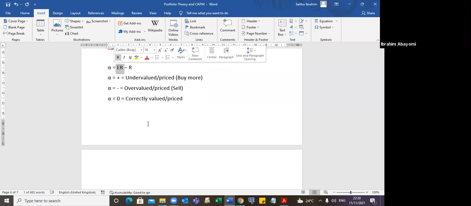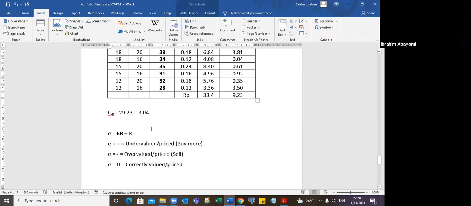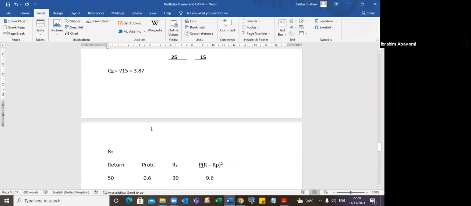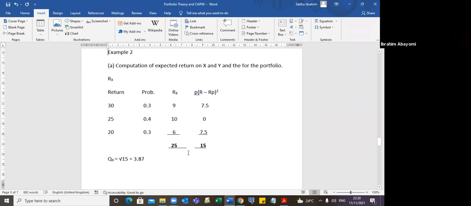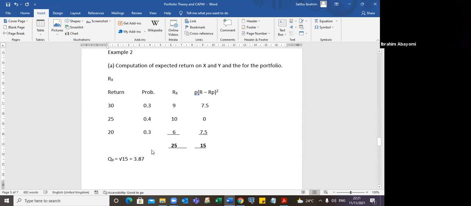To refresh your memory, I will go back and show you. This is what we call our expected return: return times probability, return times probability. The sum of everything here is what we refer to as the expected return.